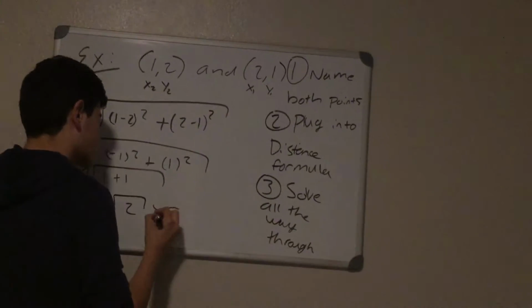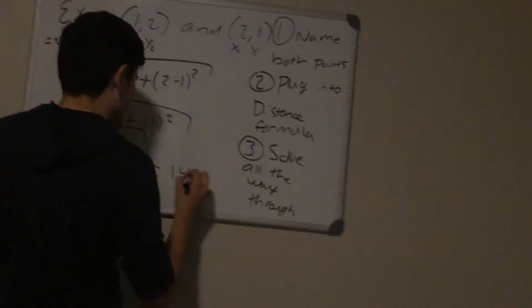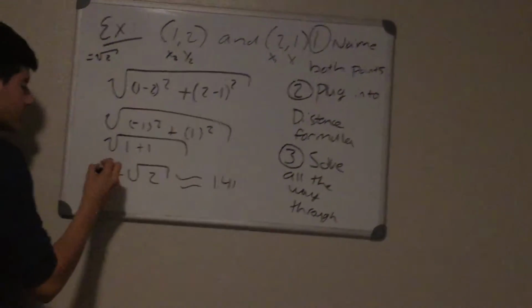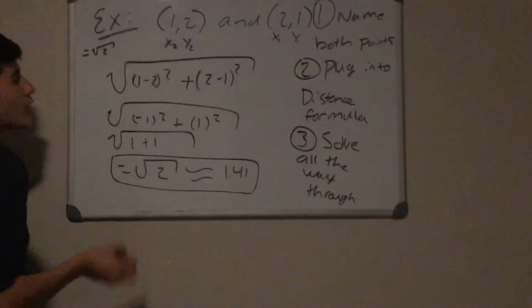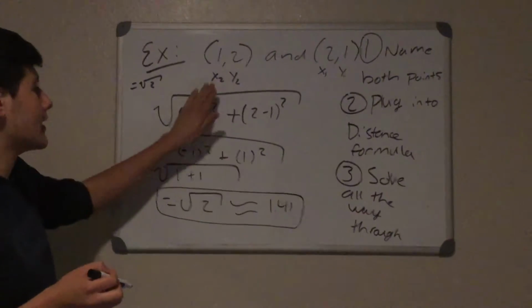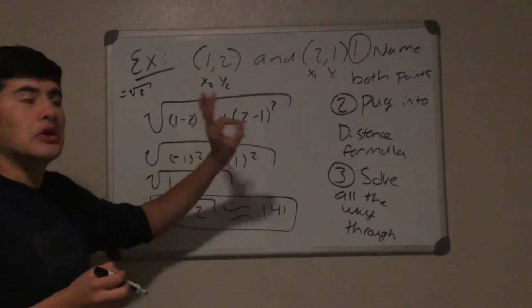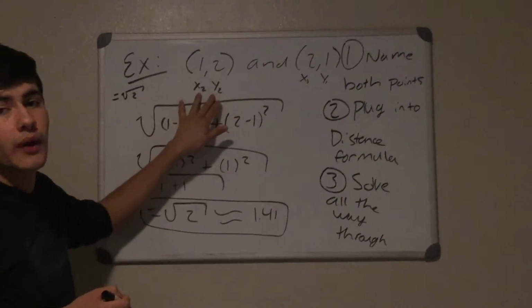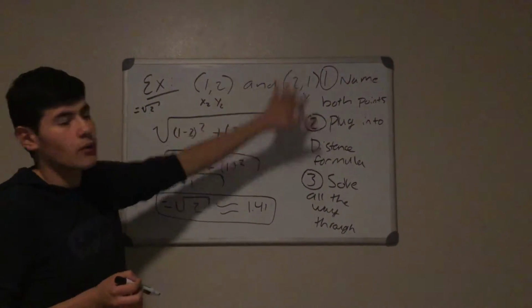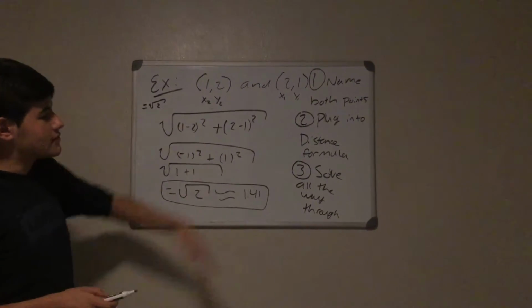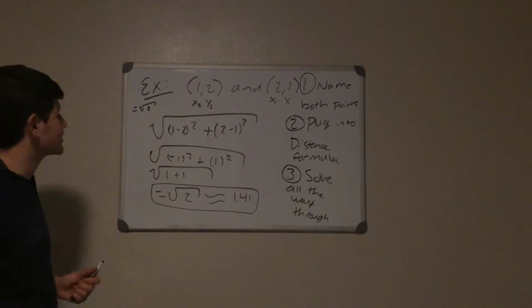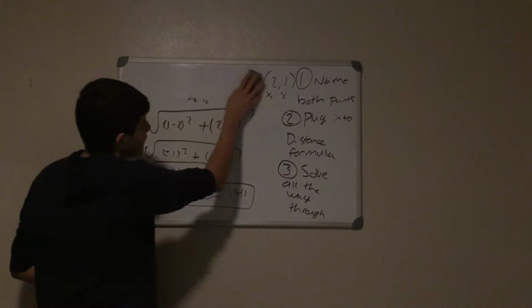Simplify, that is equal to square root of 2, or 1.41, rounded to the nearest hundredth. So again, the naming order does not matter. I just proved that right here. If you flip them, no problem, as long as x2 and y2 stay together and x1, y1 stay together. So I went through all 3 steps, and that's how you solve for distance formula. So now a couple quick examples.